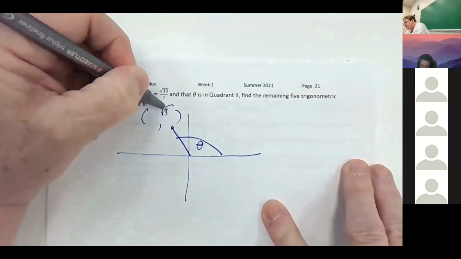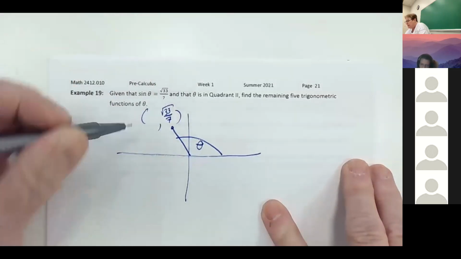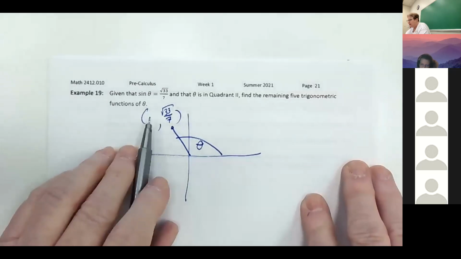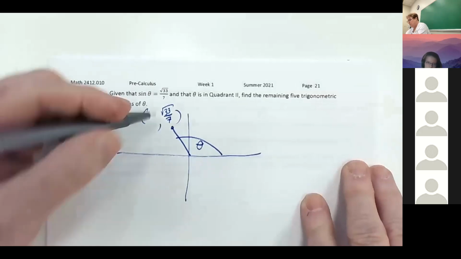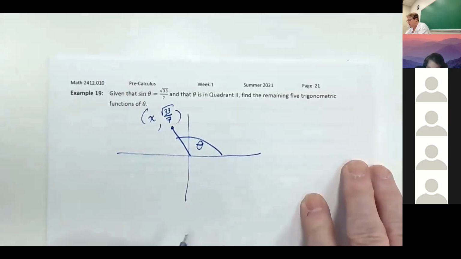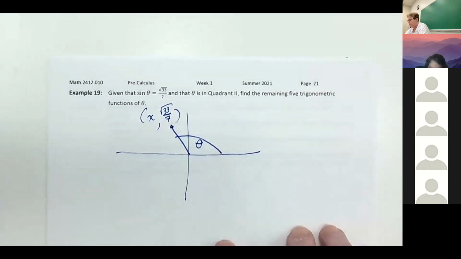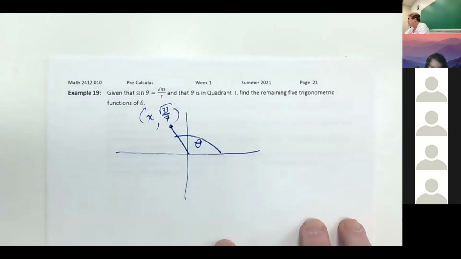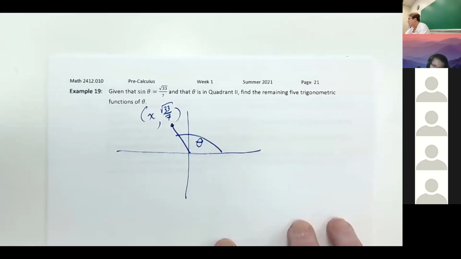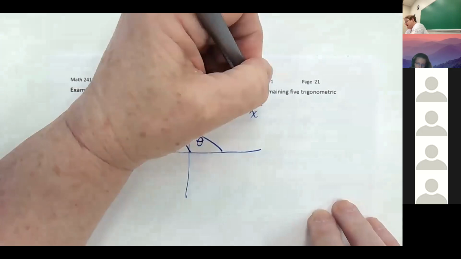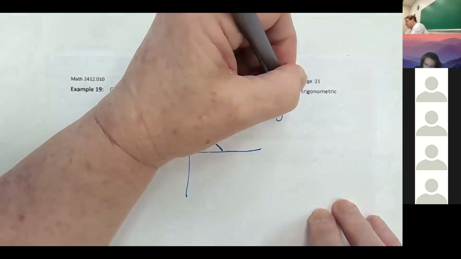How can I figure out what x is? Are we to use that formula, x squared plus y squared equals 1? Yes, absolutely perfect.